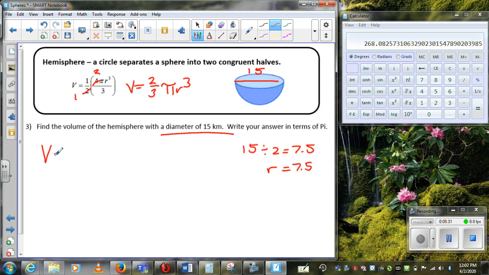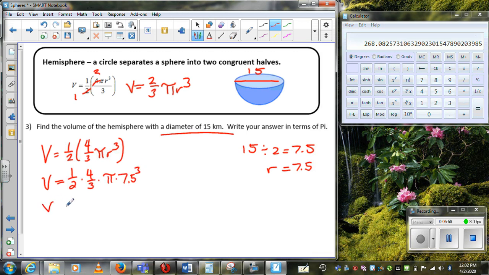All right. Whoops, I don't know why I wrote a third. Let me fix that. So 1/2. And then I typically will do my 4/3 pi r cubed. So in this case, it's going to be 1/2 times 4/3 times pi times 7.5 to the third power.